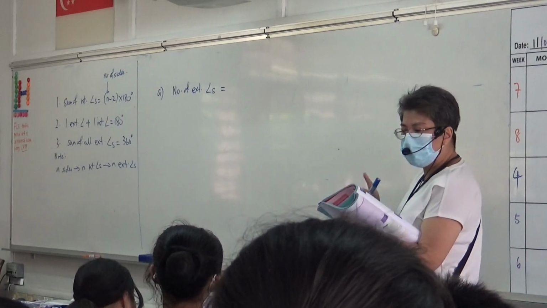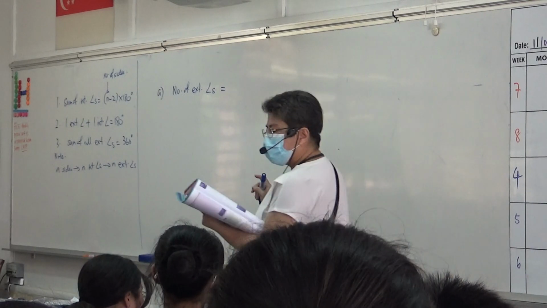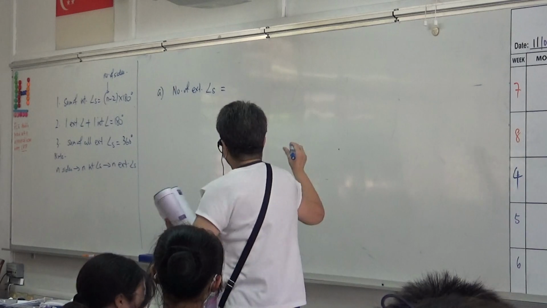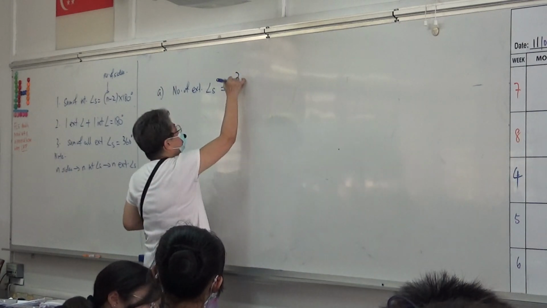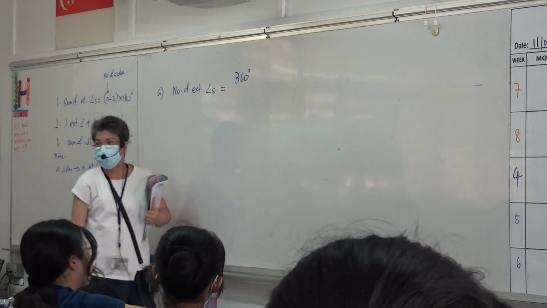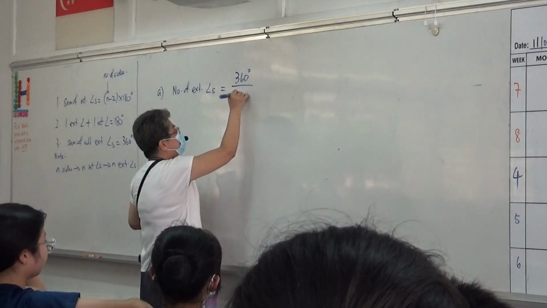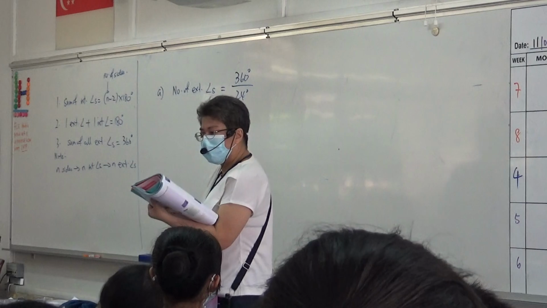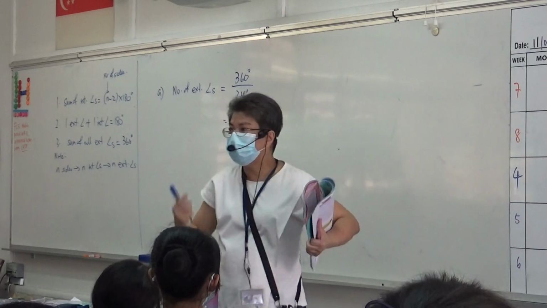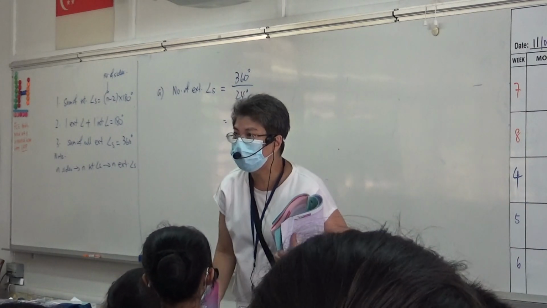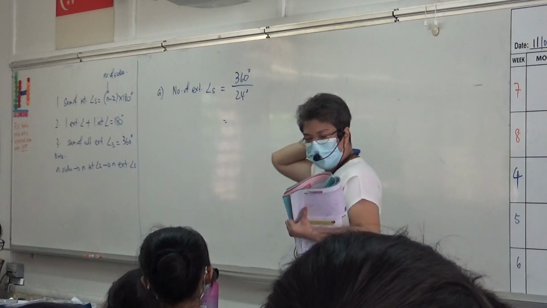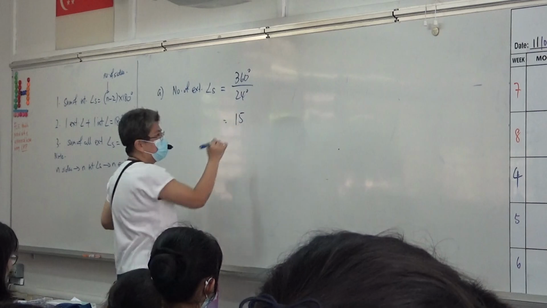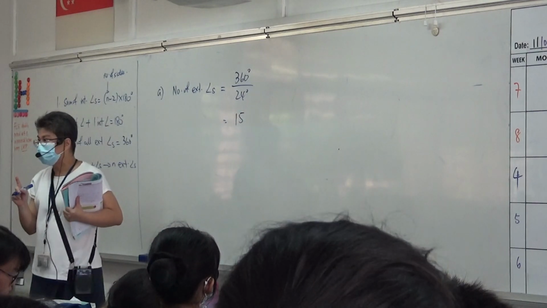Now look at the first part, A. Each exterior angle of the polygon is 24 degrees and it is a regular polygon. Now, the total of all exterior angles is 360, right? So I just need to divide by 24. So I can find how many now? You divide for me? 15. So it's 15 sides.